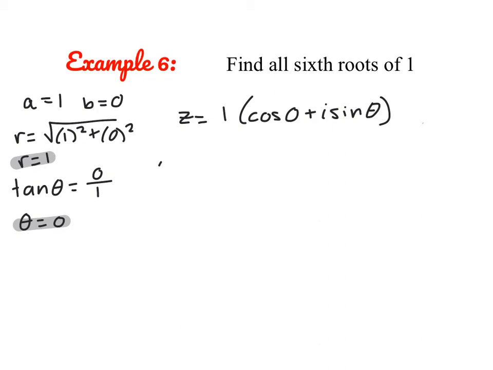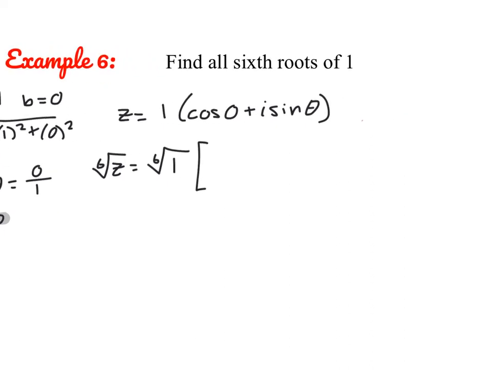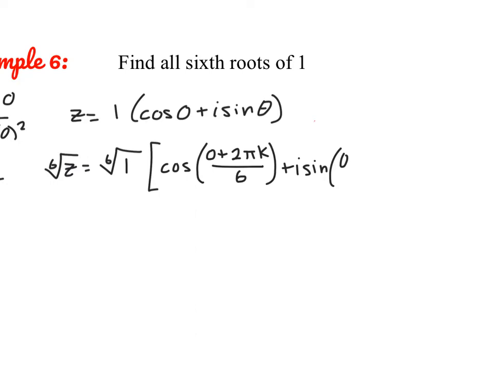To find the 6th root of z, we're going to take the 6th root of 1, in brackets, and plug in some k values to the cosine of 0 plus 2 pi k over 6, which is n, plus i sine 0, which is our theta, plus 2 pi k over 6.